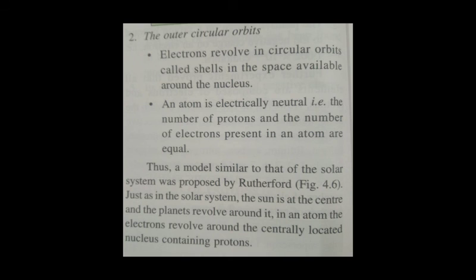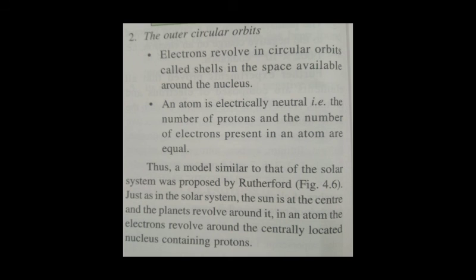So this model is similar to the solar system, right? The previous model suggested by J.J. Thomson was similar to plum pudding, and this model is similar to the solar system where we have the sun and other planets revolve around the sun.